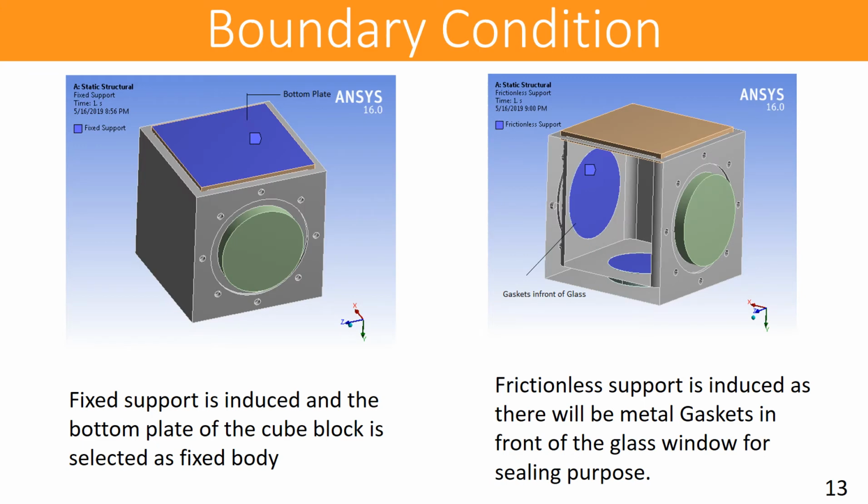In this slide you can see that fixed support is induced at the bottom plate of the cube block, and the figure is upside down, as you see the top side, the bottom plate. Also, frictionless support is induced as there will be a metal gasket in between the side blocks and the glasses.